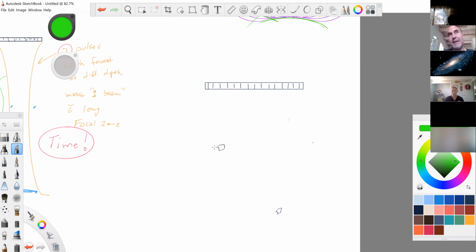The echo acts like sound. It's going to spread out. So it's coming back like this, spreading out. Huygens wavelets don't count on the way back. They only count on the way in.